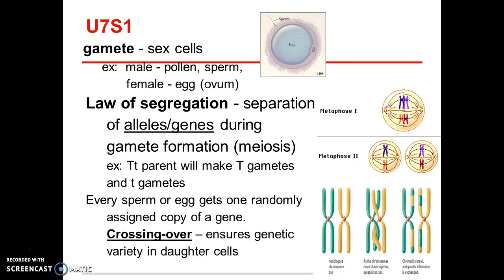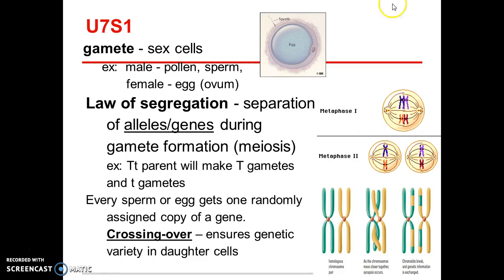So I want to go back and remind you a little bit about a couple of the main phases here. With metaphase 1 of meiosis, remember, the chromosomes line up with their partner. One of these is from mom, one of these is from dad. So there are two different alleles for all of the genes that are coded for in these two particular homologous chromosomes.